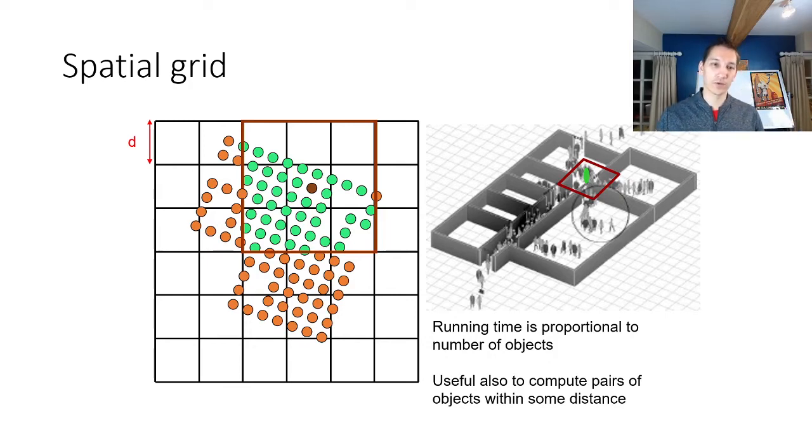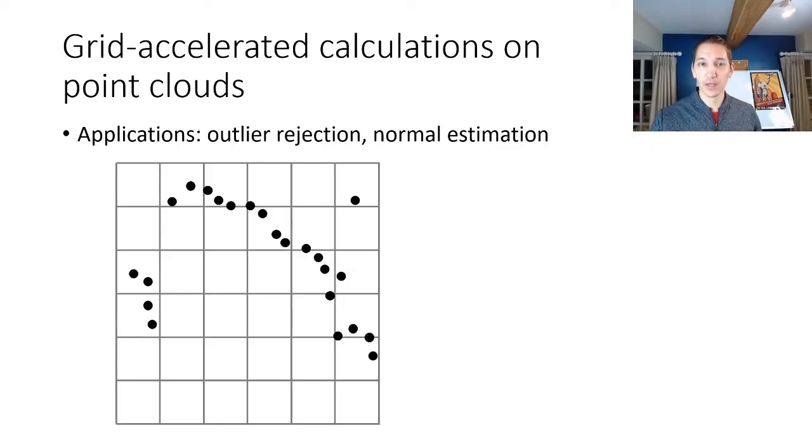Also, if we're trying to do distance computations, we can leverage this type of data structure. This is also used quite often in point cloud calculations. For example, for outlier rejection and normal estimation, I often use these spatial grids to figure out which points are near one another. Outlier rejection says that if there's no other point within some radius of my point, it's probably an outlier, just some spurious noise, and I can toss that out.